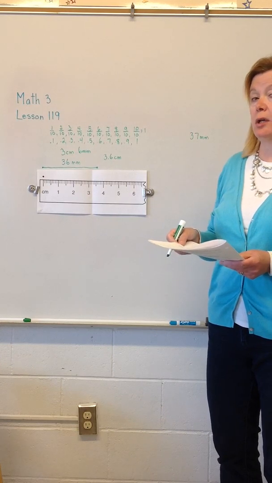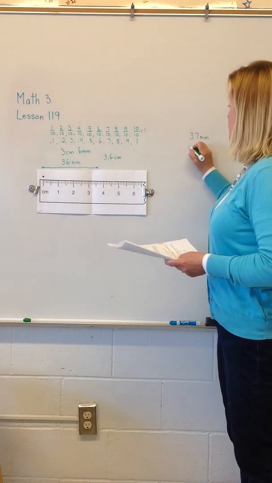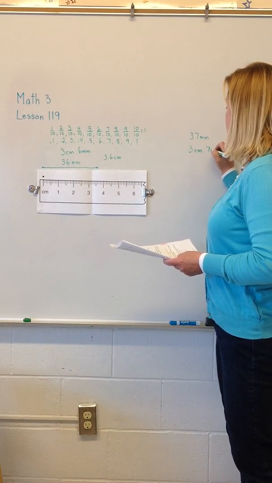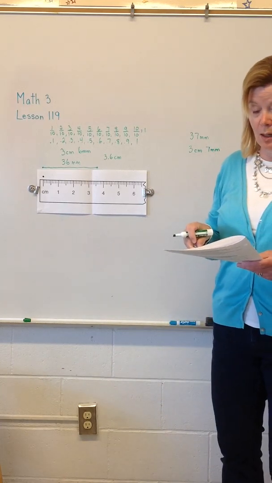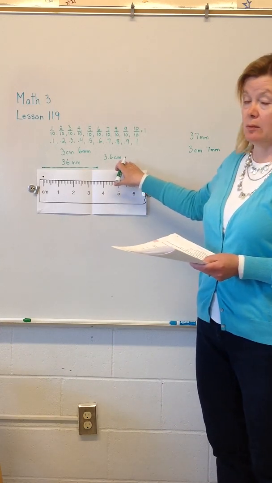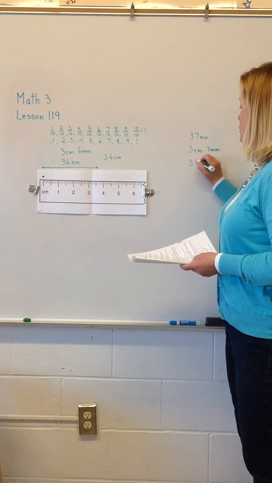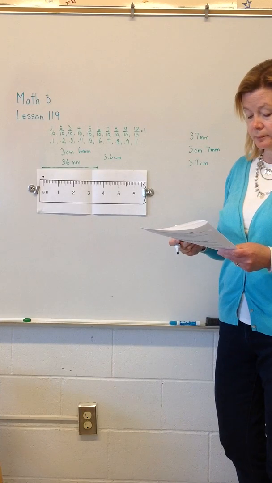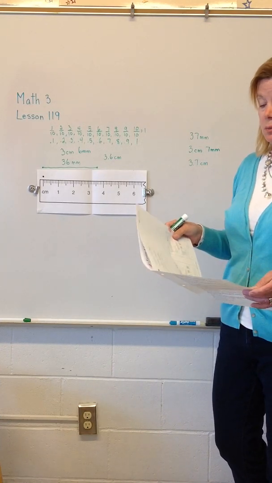What's another way that we can write it? 3 centimeters, 7 millimeters. What's the third way? Remember, we would use a decimal. 3.7 centimeters. Do you have all of those written down?